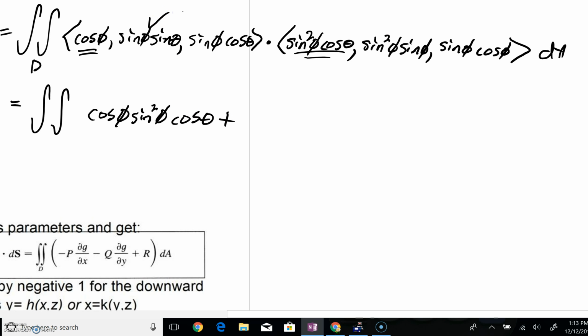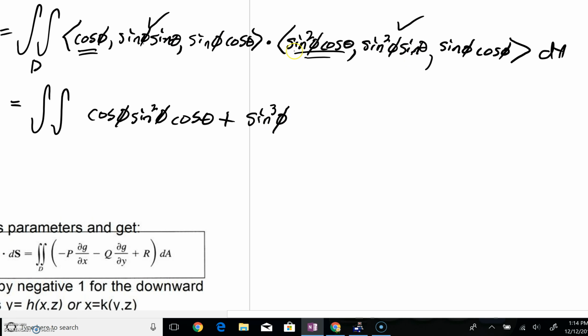plus, then we have to take our j components, or our y components, and multiply those together. We've got the sine of phi times the sine squared of phi. And by the way, I think I miscopied this other part right here. This was sine of theta, wasn't it? Okay, sine squared of phi times the sine of phi is sine cubed of phi.